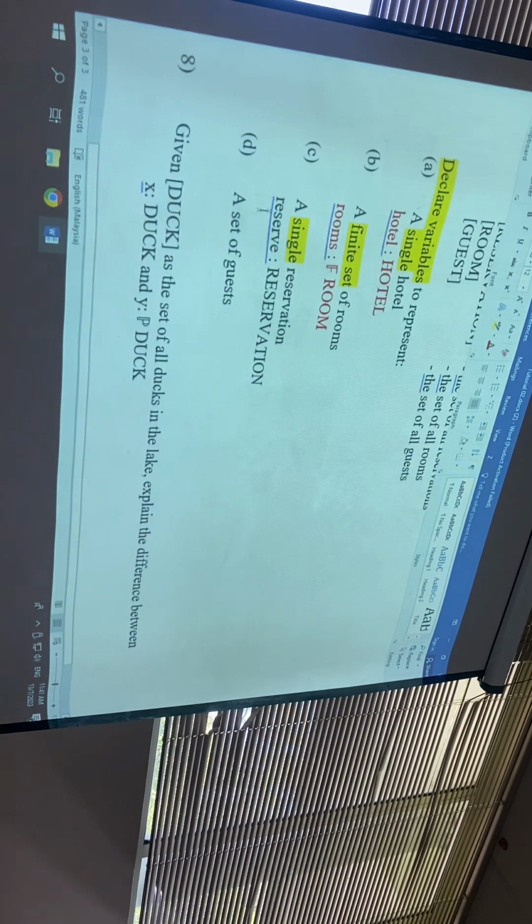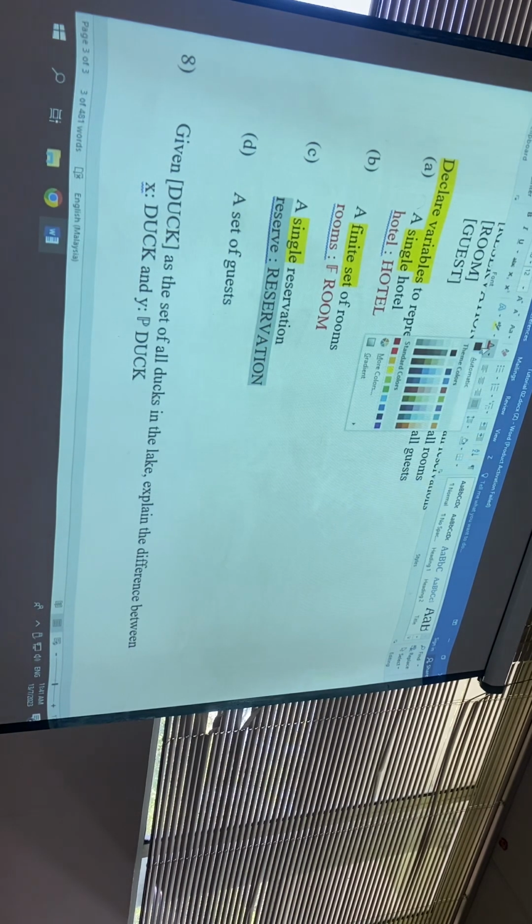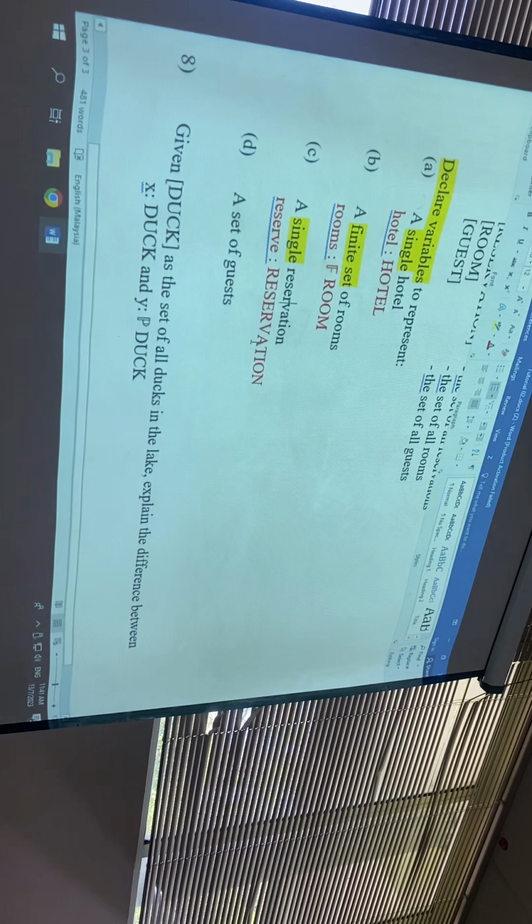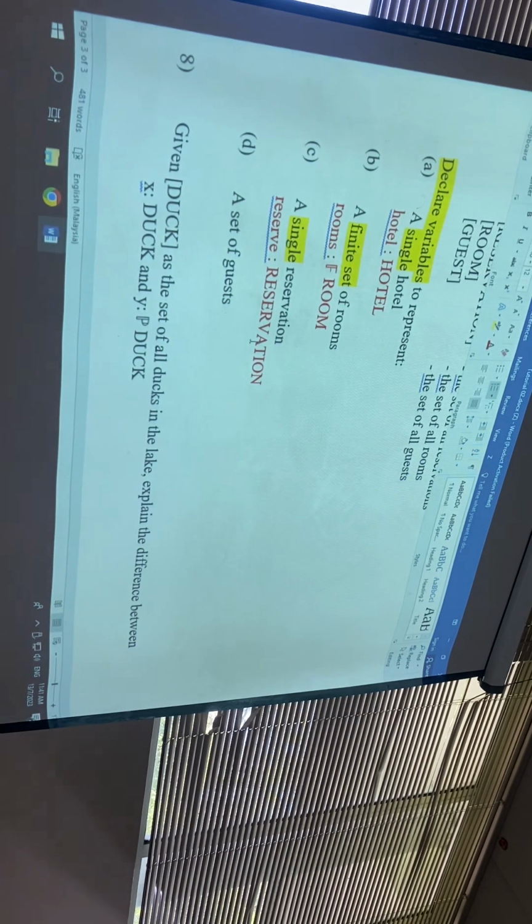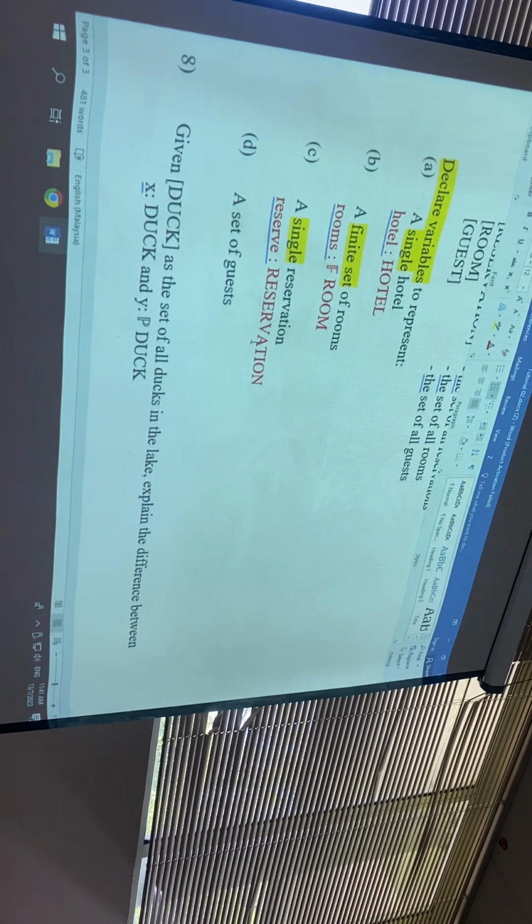A single reservation. So the variable name is up to you. Here I put reserve. You can put R, but like I told you in the lecture, don't put something that is very difficult to represent. You have to put a variable which can be understood by other people also. Don't put A, B, C, D, E, F, G, U. Don't know what is it.